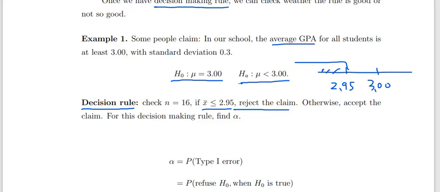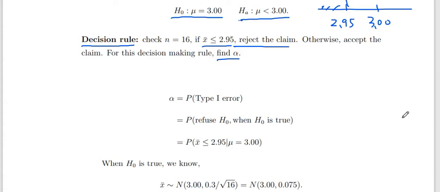For this decision-making law, we want to find alpha. We discussed such a problem in the last class, but as a review, let's do this again.